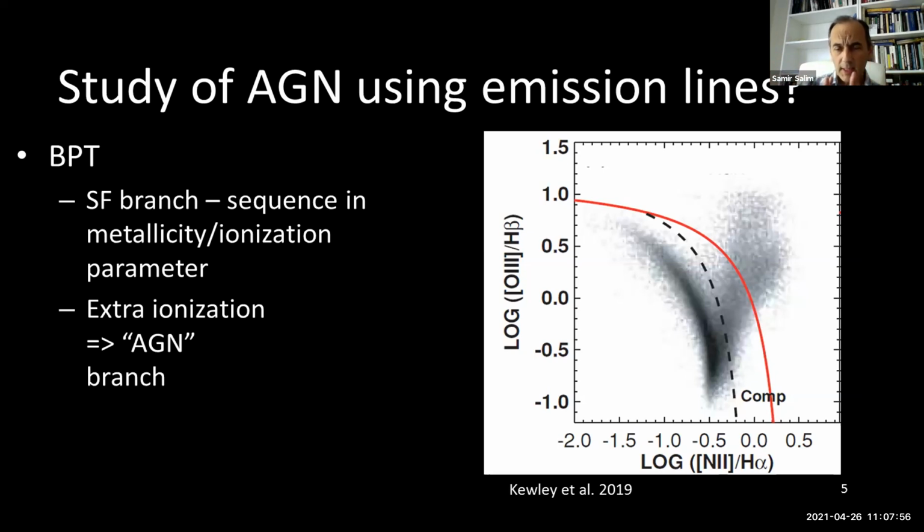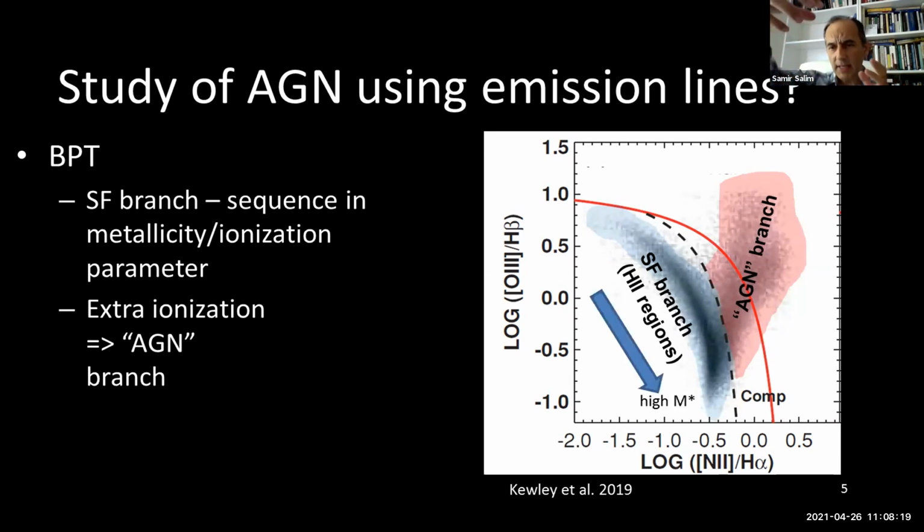So if the galaxy is dominated by H II regions, just star formation, the galaxy would form this left branch, the star forming branch. However, if there is something extra driving ionization, that will give rise to this right branch, which is typically labeled the AGN branch, okay? And because the mass is actually increasing down the star forming branch, it is typically the more massive galaxies that we normally think of as containing the AGN in them.